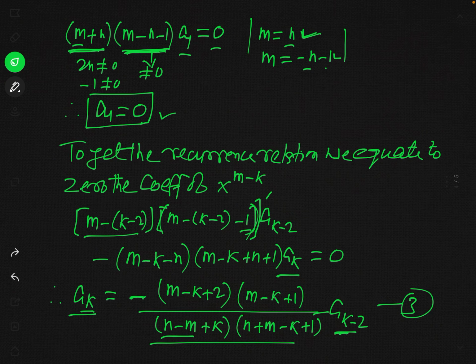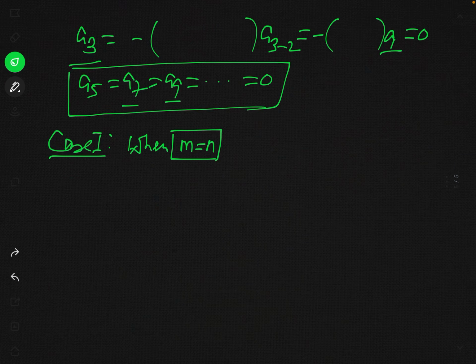First of all, we will find it. See this recurrence relation. In this recurrence relation, we will put m equal to n, so in every term, m will be replaced by n.